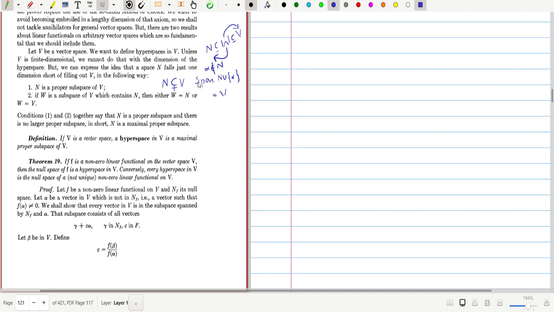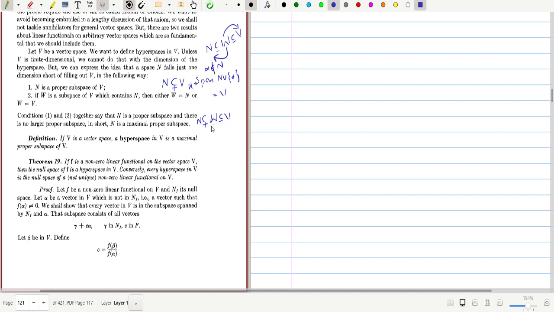This is always a subspace. If you name it W, then this W definitely contains N properly, because W contains an alpha which is not in N. Then this is always a subspace of V.